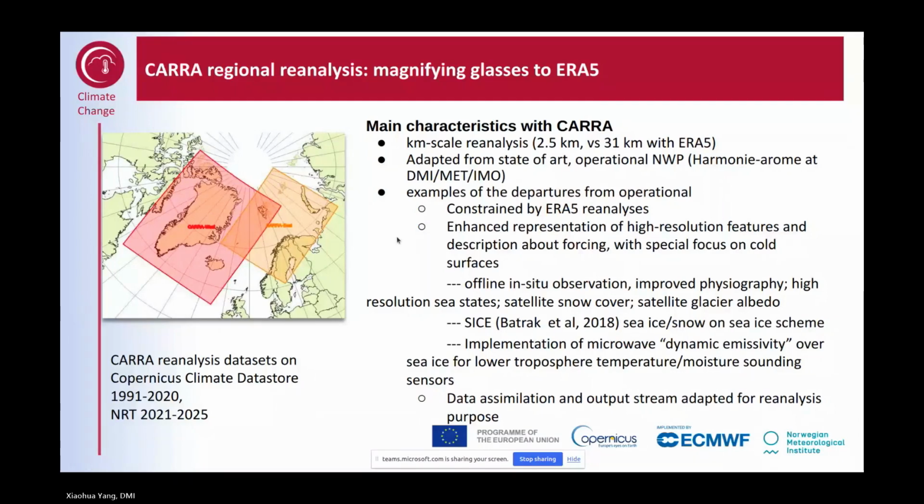So we are putting a lot more detail into the system, and the basic strategy is that we start from the state-of-the-art operational weather forecasting system at 2.5 kilometers, which, as Harold said, is the one used at the weather forecasting centers in Denmark, Iceland, and Norway, currently for the European Arctic areas.